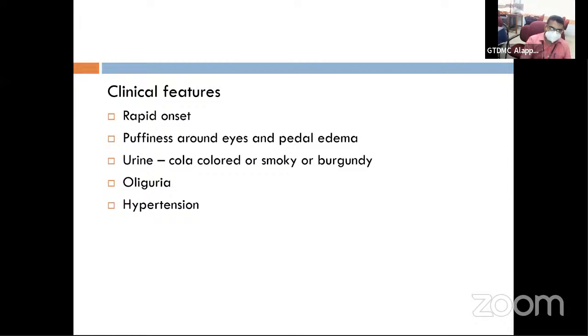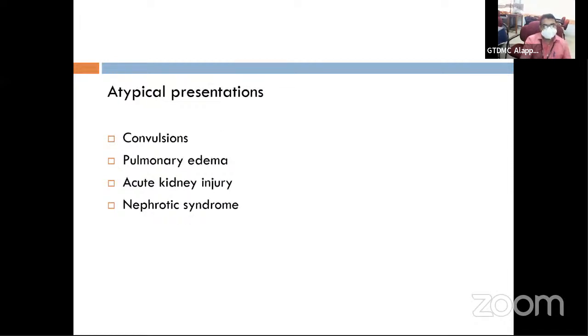So these are the usual clinical features of post-streptococcal glomerulonephritis. And there are atypical presentations also. It can present with convulsion secondary to hypertensive encephalopathy; uncontrolled hypertension can lead to encephalopathy, and that can present with convulsions.